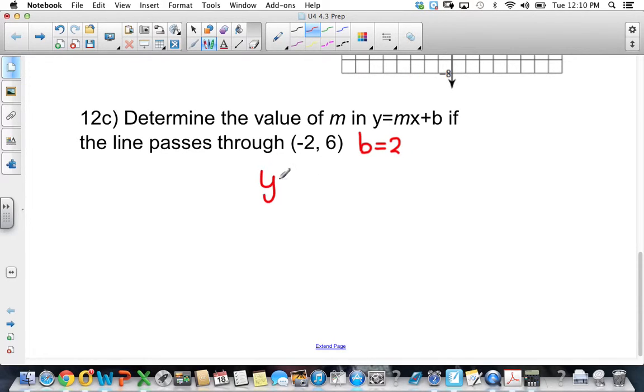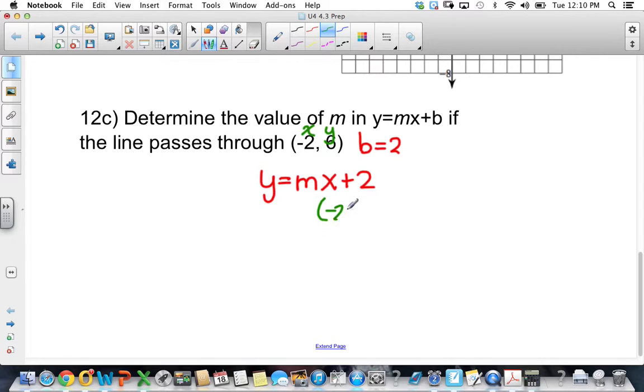So we do know that y equals mx plus 2. Well, I still have 3 unknowns, and I can only have 1. Well, fortunately, we know what x is and what y is. In fact, any point on this line will work in this equation. If we're told that negative 2, 6 is on that line, then it has to work in this equation, and therefore we can use it to find m.